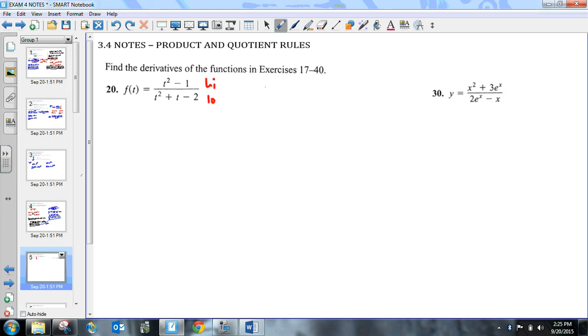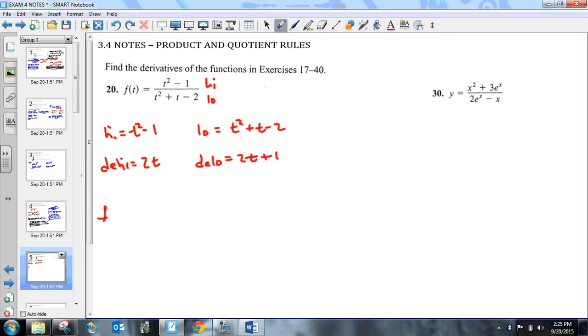So, high and then low. If high is equal to t squared minus 1, that means that the derivative of my high function is just going to be 2t. All right. If I take my low function, that's going to give me t squared plus t minus 2, and then my d low, the derivative of my low, is 2t plus 1. Okay. So what I'm going to do is use low d high minus high d low over low low to find the derivative of f.